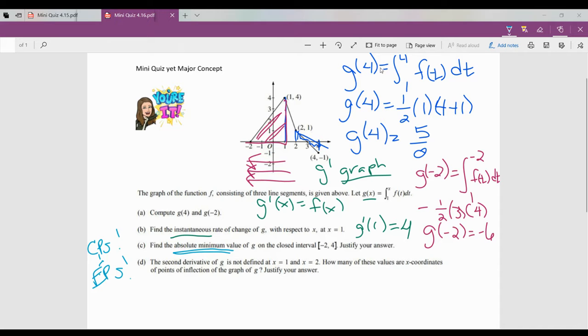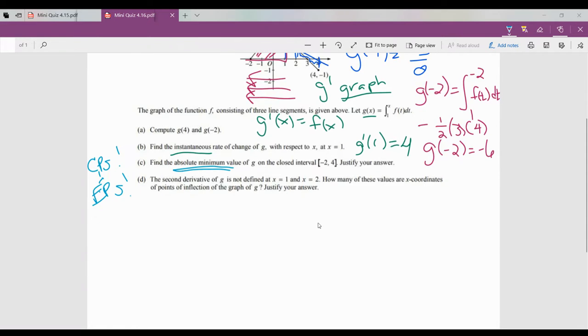Oh, lucky us. We have what the values are at negative 2 and 4. That makes my life so much easier. So I want to find what g of negative 2 equals. Found it, negative 6. I want to know what g of 4 is. Found it, 5/2.